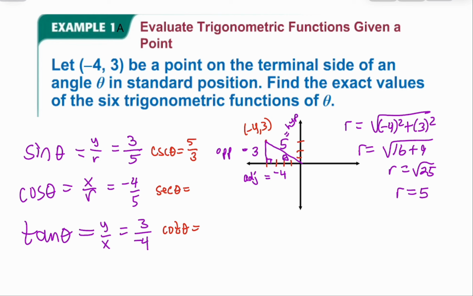This would be r over x, or negative 5/4. And this would be x over y, or negative 4/3. So that is how you find the 6 trig functions, their exact value for an angle theta that is created from a certain point on the terminal side of our angle.